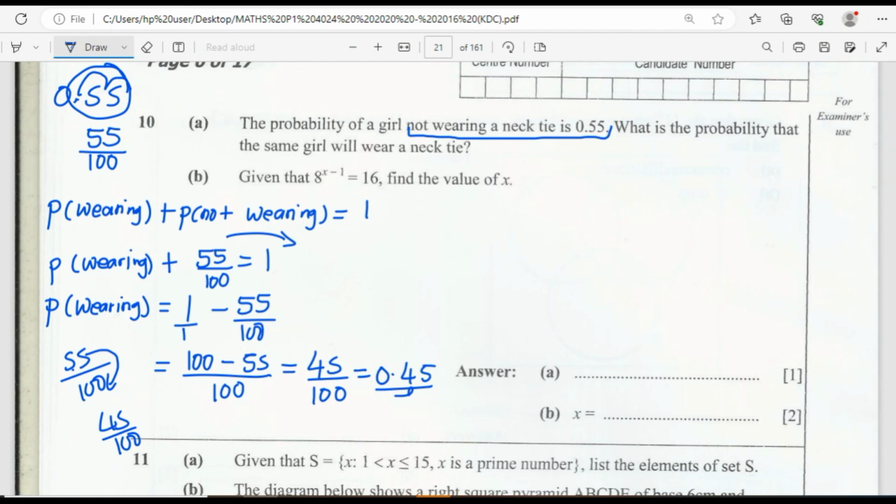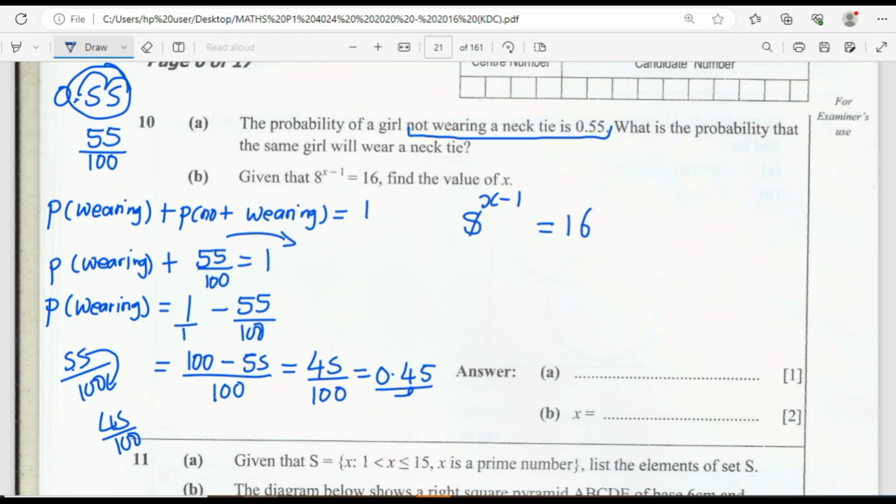Given that 8 raised to the power x minus 1 is equal to 16, find the value of x. So how can we solve for the value of x? First, let's see if we can make these bases the same, because we can see that on the left side we have 8 as our base, and here we have 16.